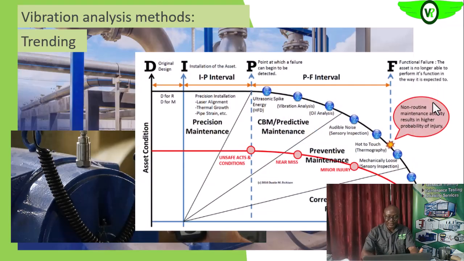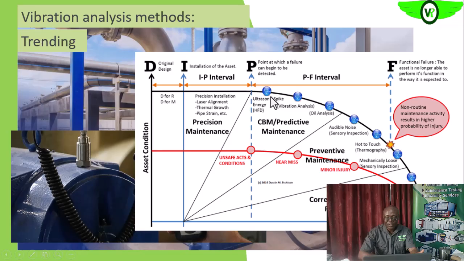The idea, as we discussed with the bathtub curve before, is for us to know when we are entering the wear-out region of the curve, which is between the point of potential failure and the point of failure. As the bearing is deteriorating, if it is bearing vibration we are looking at, the condition of the asset will be worsening.